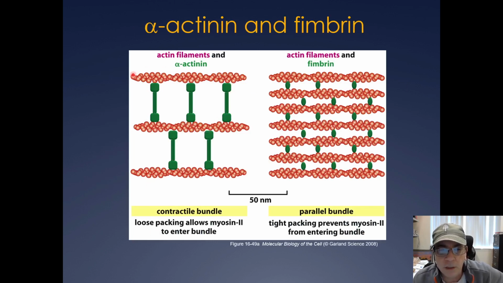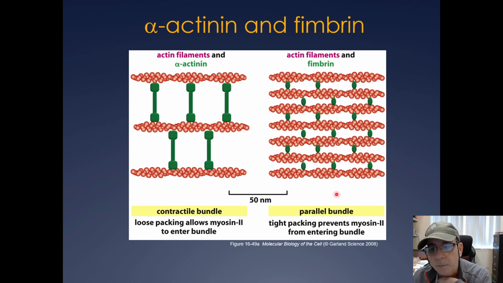So this is actually a contractile bundle in the sarcomeres of muscle cells, and you have alpha-actinin that basically separates the actin filaments in a perfect size so that the myosin 2 motor can actually move here and allow for muscle contraction. So a motor protein can actually fit between these actin filaments.